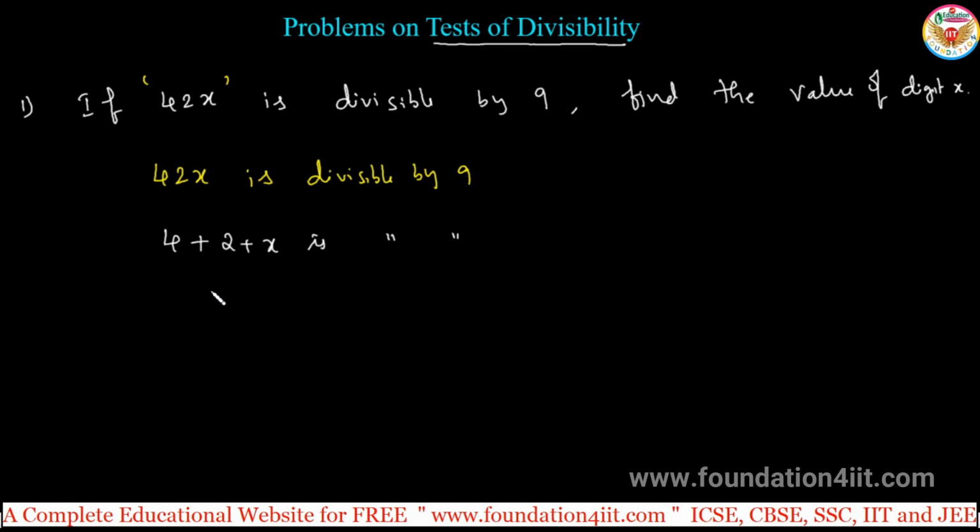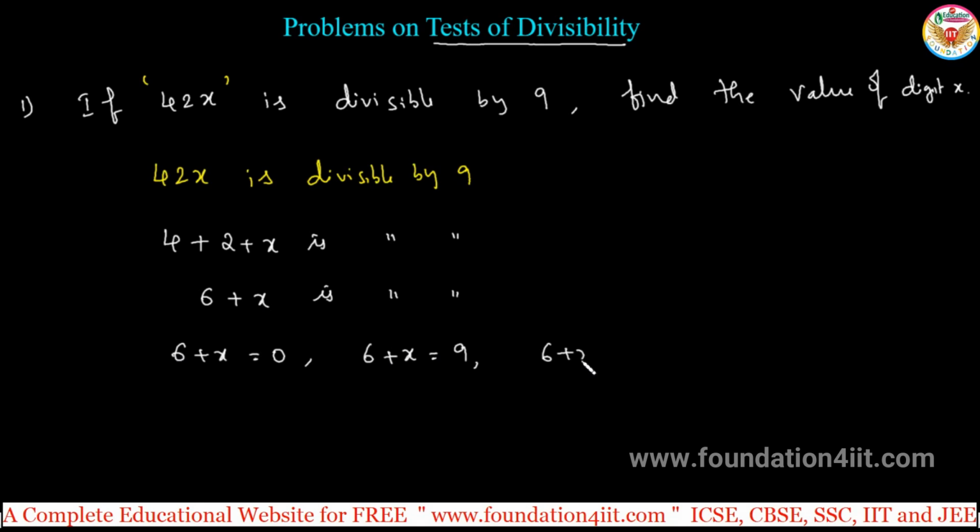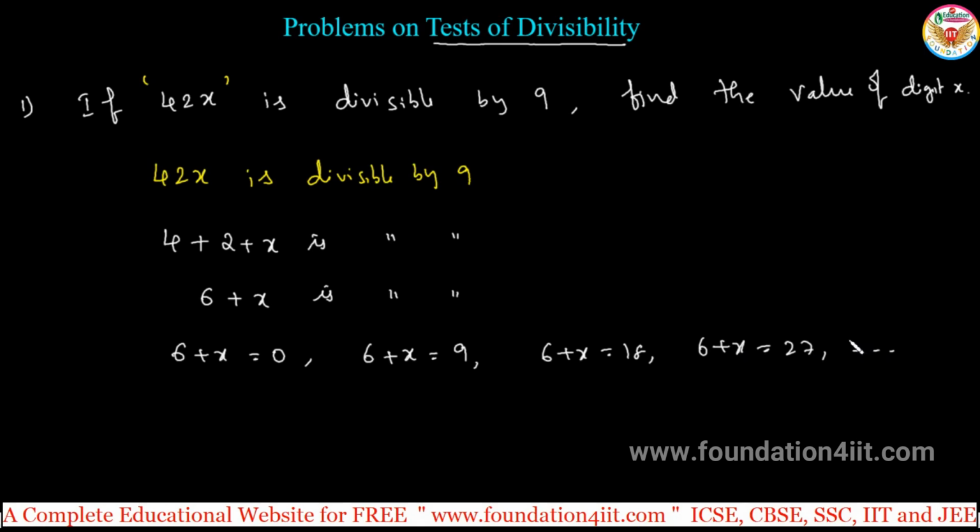So 6 plus x is divisible by 9. That means 6 plus x must be a multiple of 9, from the 9 table. So it may be 0, or 6 plus x is 9, 6 plus x is 18, 6 plus x is 27, and so on.